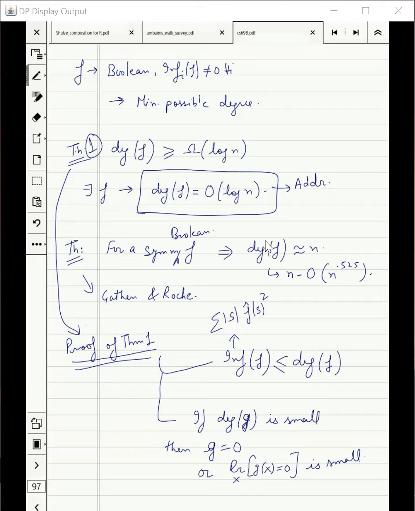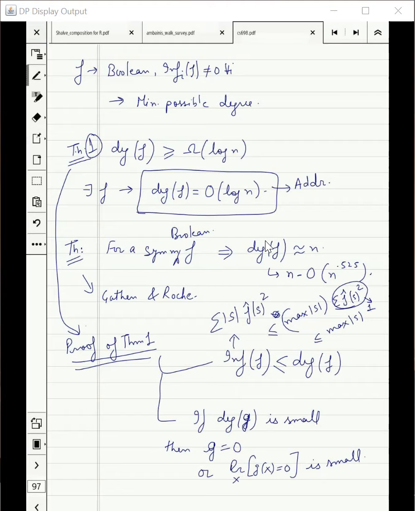So influence of f is the summation over all s of cardinality of s times f hat at s squared. So we can write this is less than or equal to maximum of cardinality of s times the summation of f hat at s squared. Yeah, this is Parseval. We always remember, as was pointed out last time, that f hat at s squared is a probability distribution over the sets.